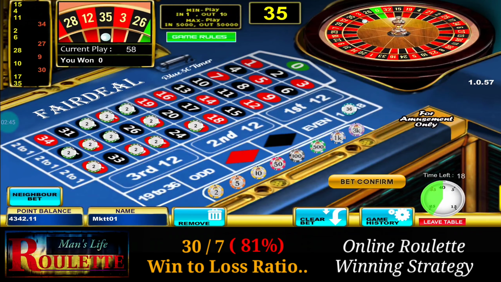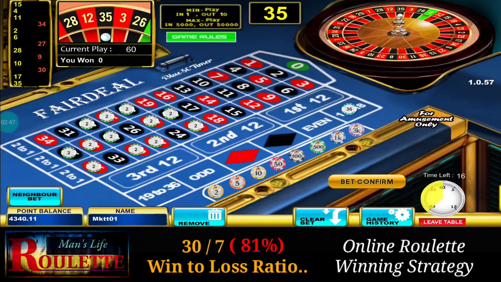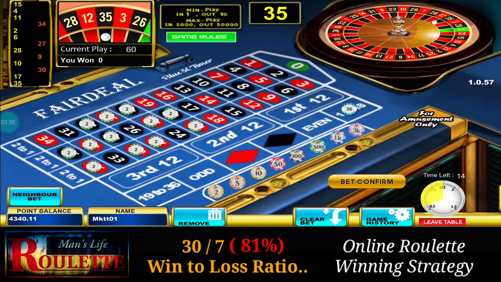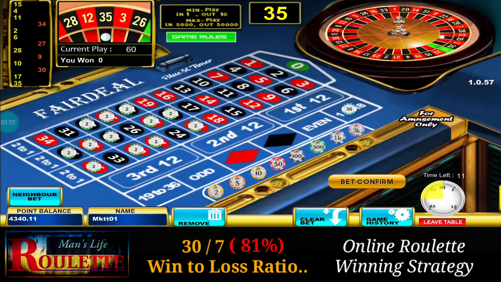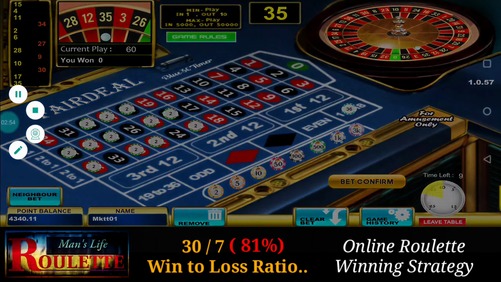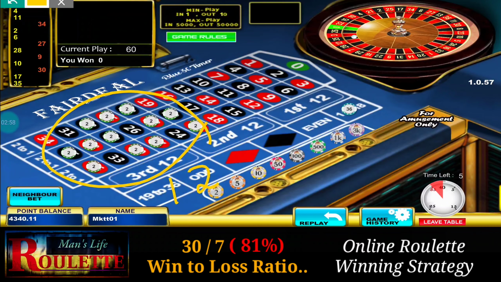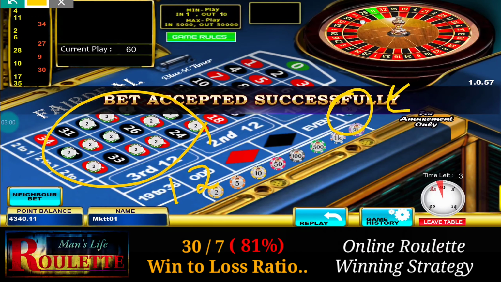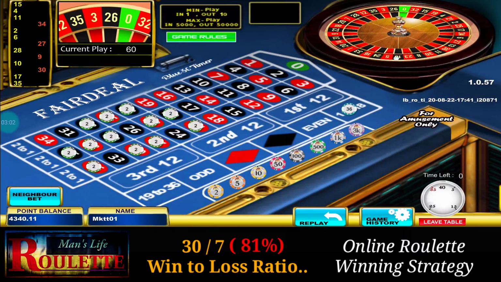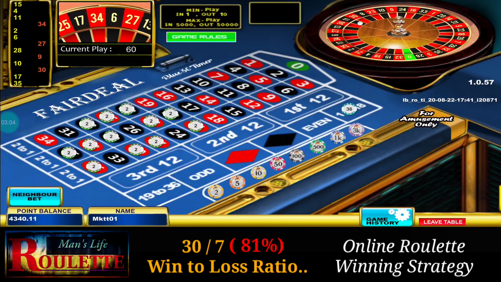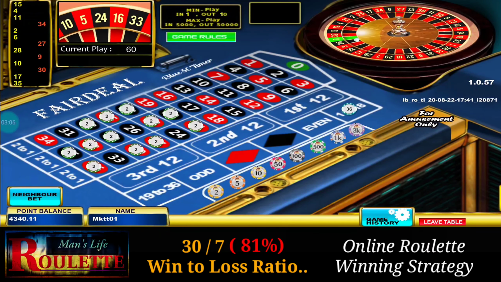And 12. So I just left 2 red numbers from the bigger side, and I put 12 unit at red. You can see I have covered 12 bigger numbers and 36 unit at smaller numbers, and my target is 100 unit, and after every losing spin I have to double the bets.